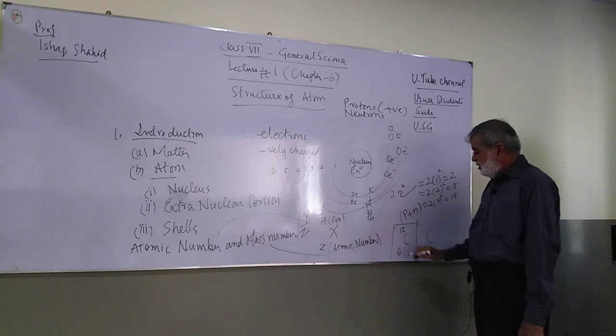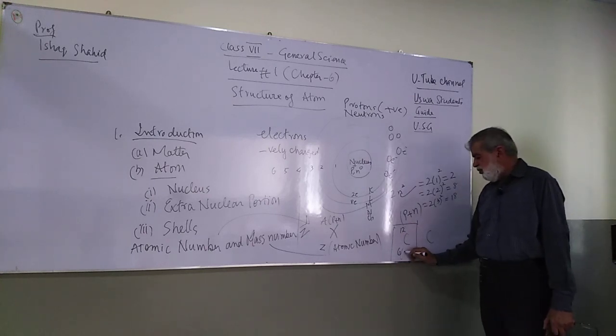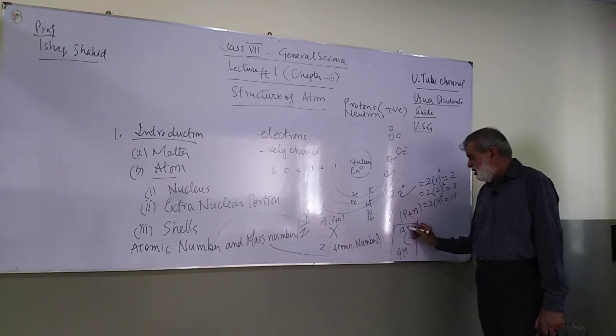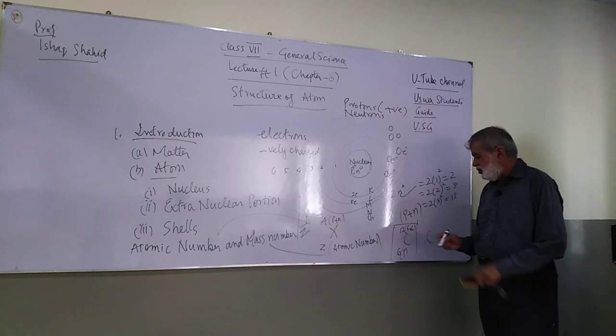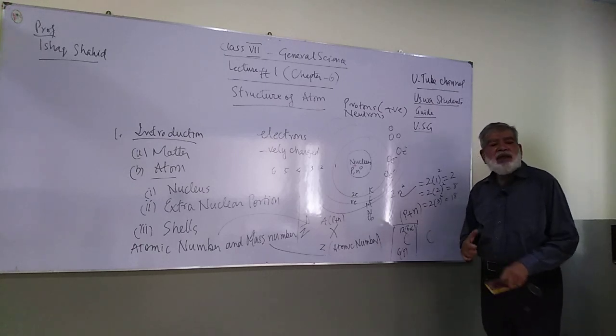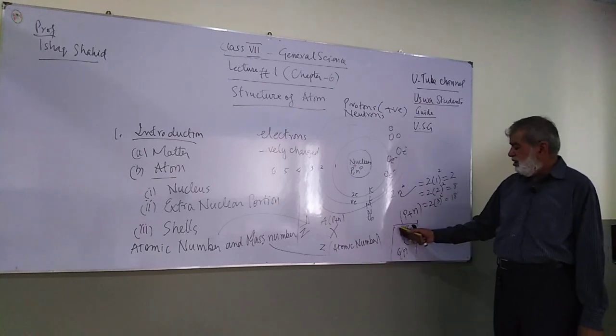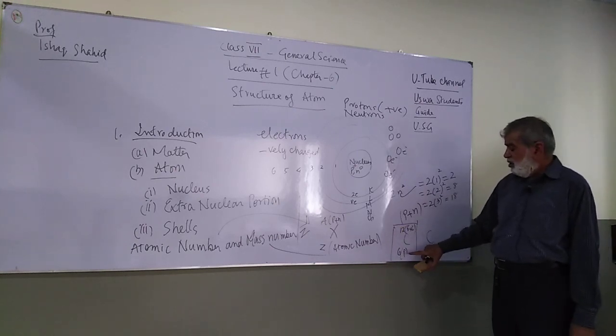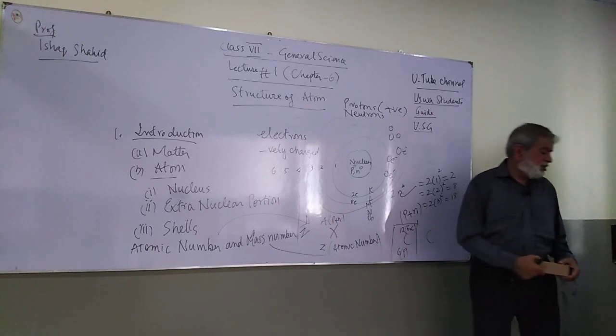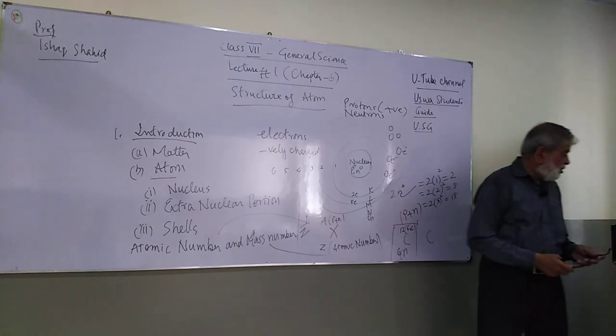So carbon has 6 protons in the nucleus and a mass number of 12, so 6 plus 6 neutrons in the nucleus. So the mass number is this and atomic number is this. This is the practice of how we go about it.